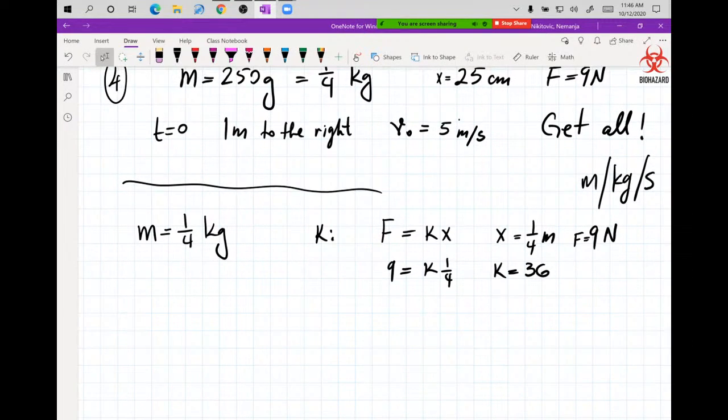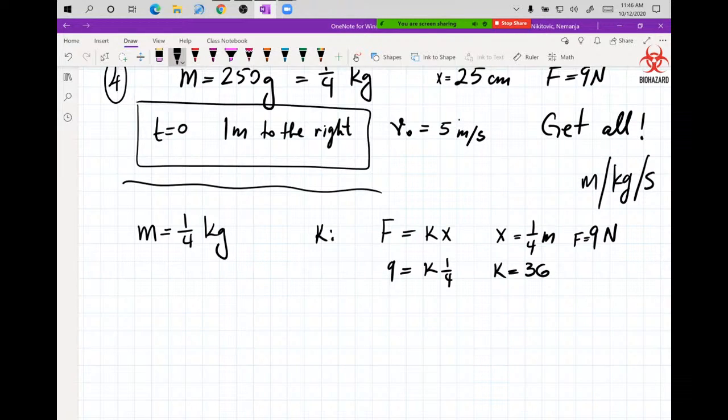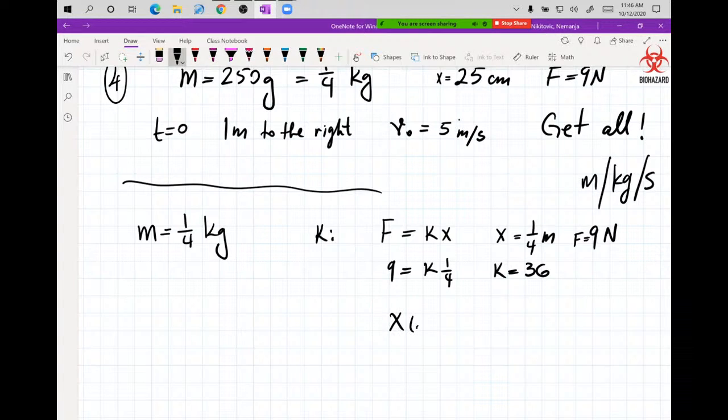All right, now we get to our initial conditions. Here it says initial condition at t equals 0, we stretch it 1 meter. Now, what was the velocity? The derivative of x. The velocity at 0 is given as 5 meters per second. Okay, good, those units I don't have to convert, since it's given in meters per second.